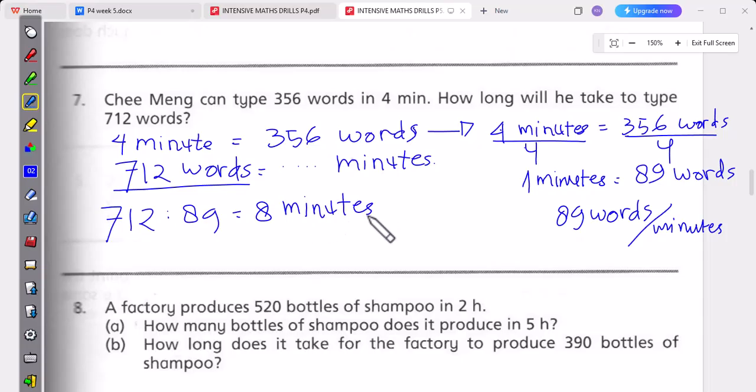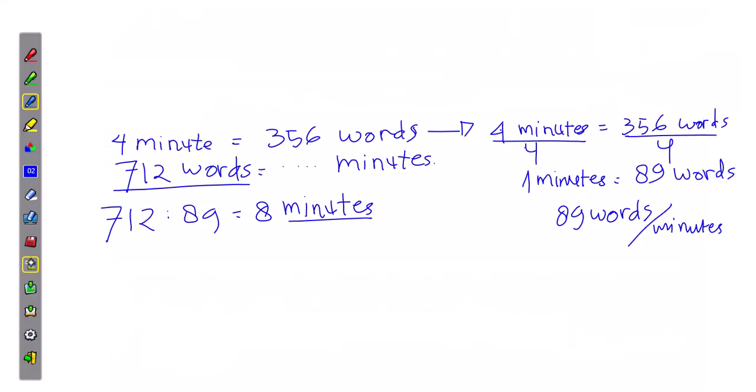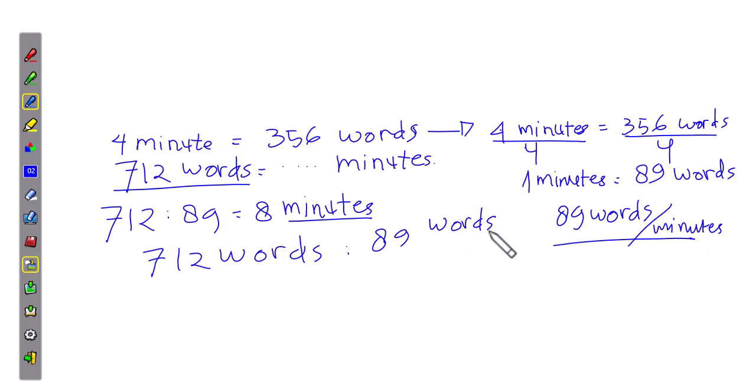So how did we get the units? We can use this way actually. To convert this way, we use the rate we have here: 712 words divided by 89 words every minute.